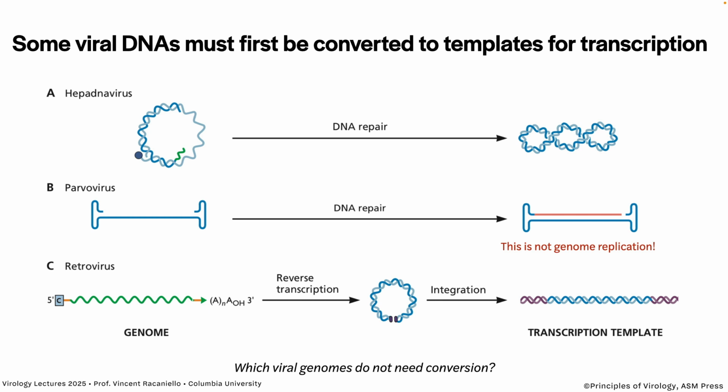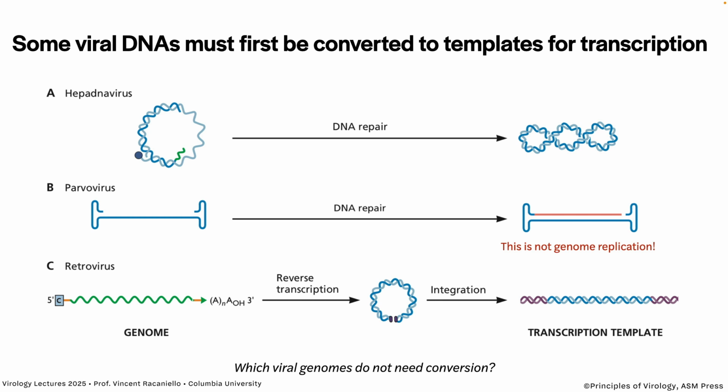It comes in the nucleus, the cell sees it, and there's what's called a DNA repair response, and it makes it double-stranded here. This red business is added by the cell. It is not genome replication. Genome replication is making many copies of a DNA from a single one. That's replication. This is just fixing the one DNA that comes in, and now that can be just transcribed.